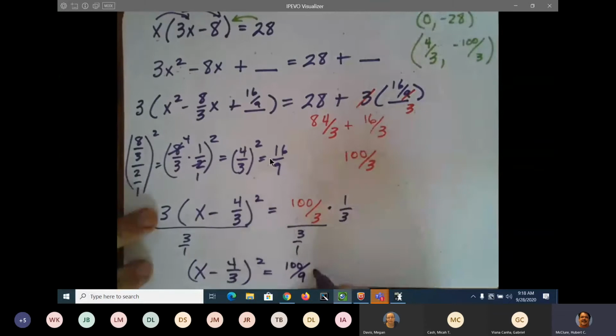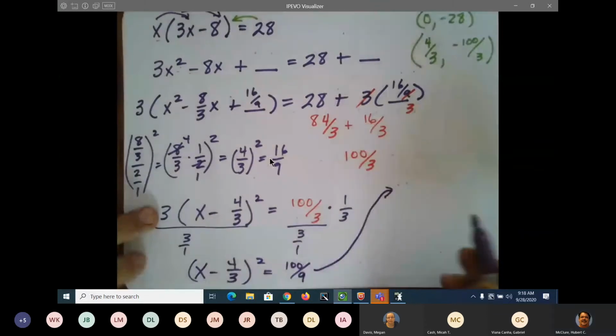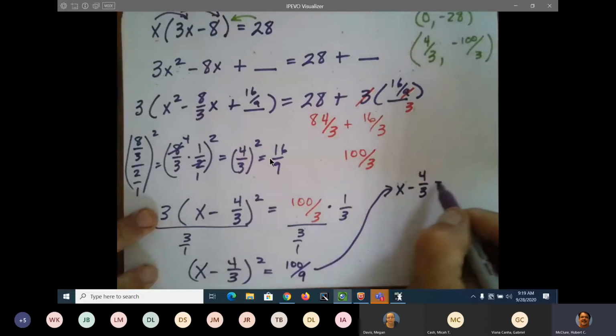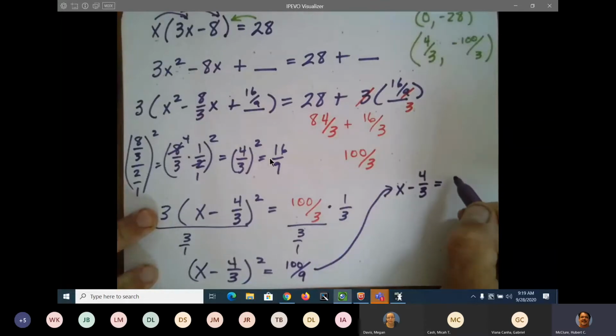And I'm just going to go over here and finish it. x minus 4/3 is equal to, well, that's positive or negative 10 over 3.